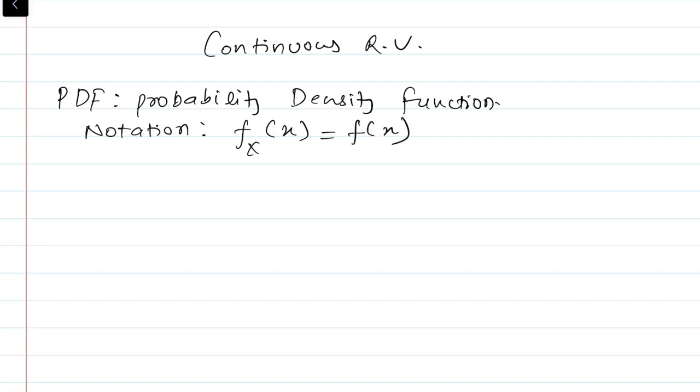We do not use the other symbol. This symbol is not used in continuous random variables because probability at a point in continuous does not exist. So this notation is no longer applicable in this case.